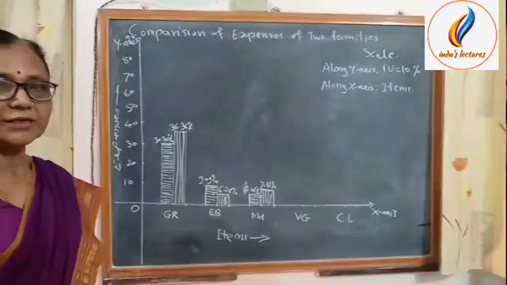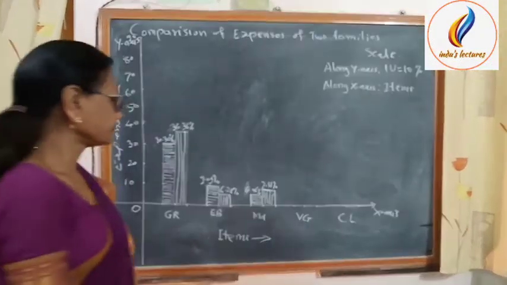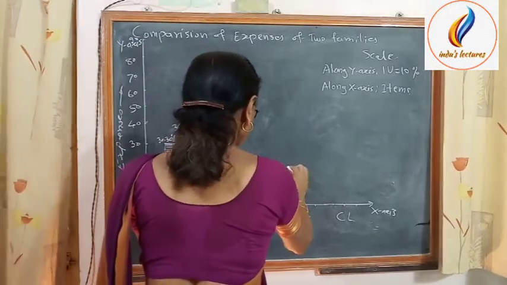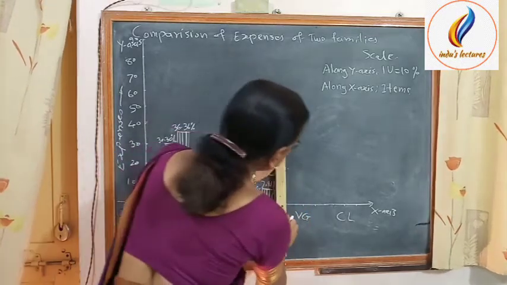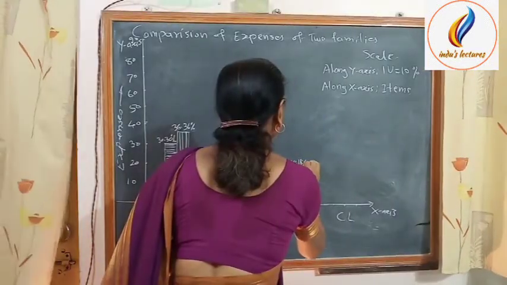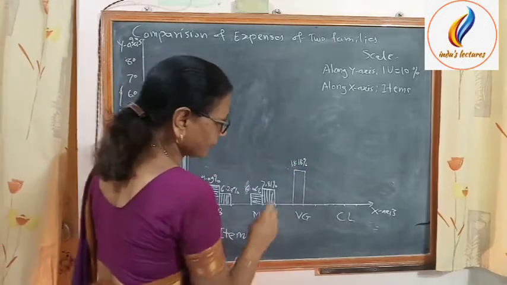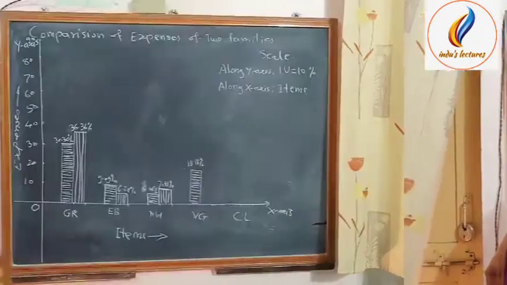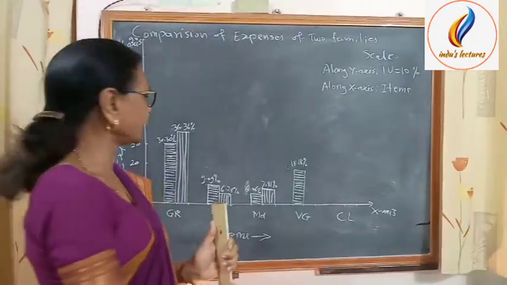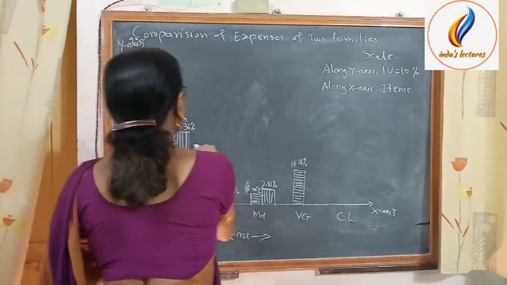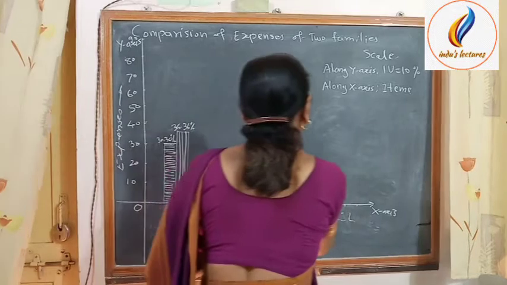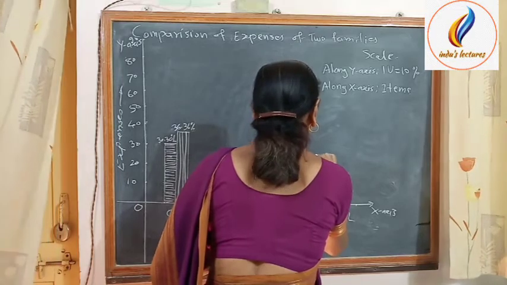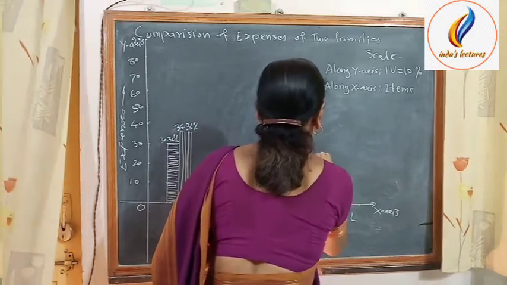For the first family the expense is 18.18. So consider the point 18, up to 18.18%. It is for the first family, and for the second family the expense is 26.04. So consider the point 26.